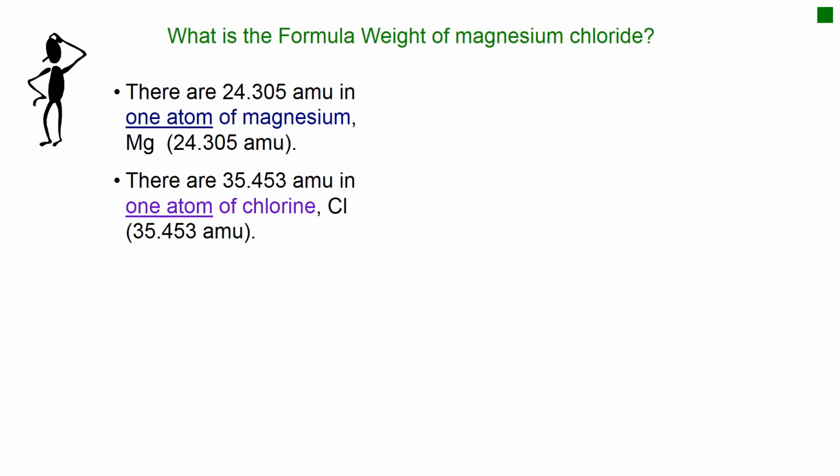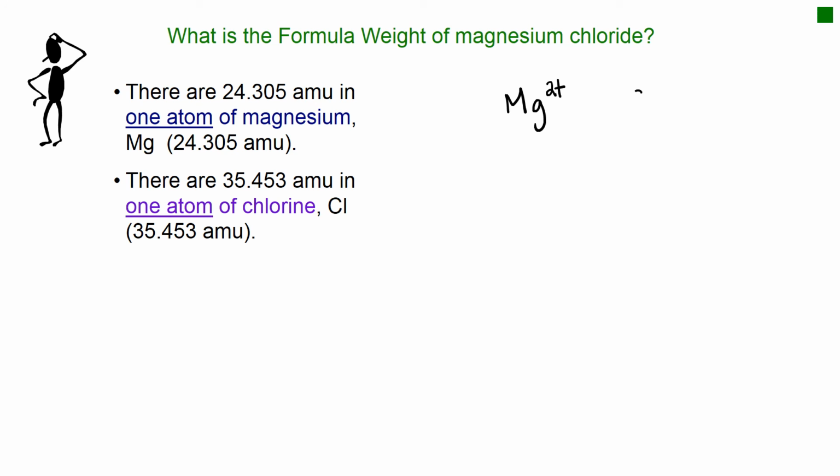If we go to the periodic table, we know that magnesium is 24.305 AMUs, and we know the atomic mass of chlorine. But one thing you have to remember is that we need to write the formula correctly. So is a metal present? Yes, it's an ionic compound, so ions are present. Let's write the formula correctly. What's the charge on magnesium? It's in group 2, so it has to be 2+.